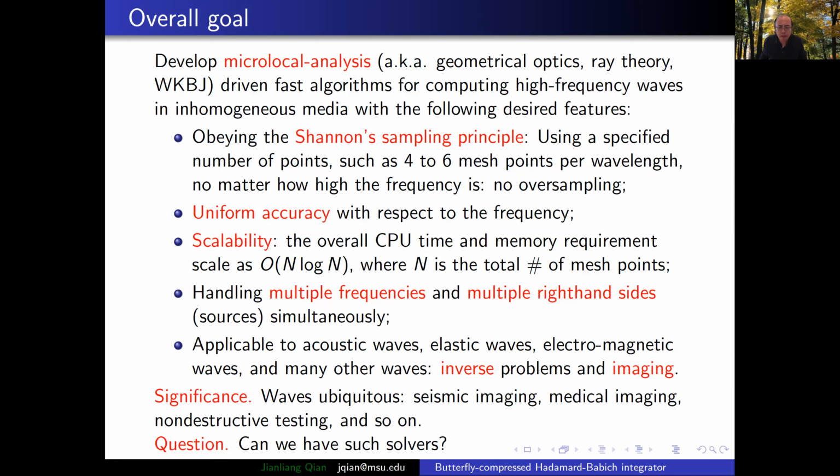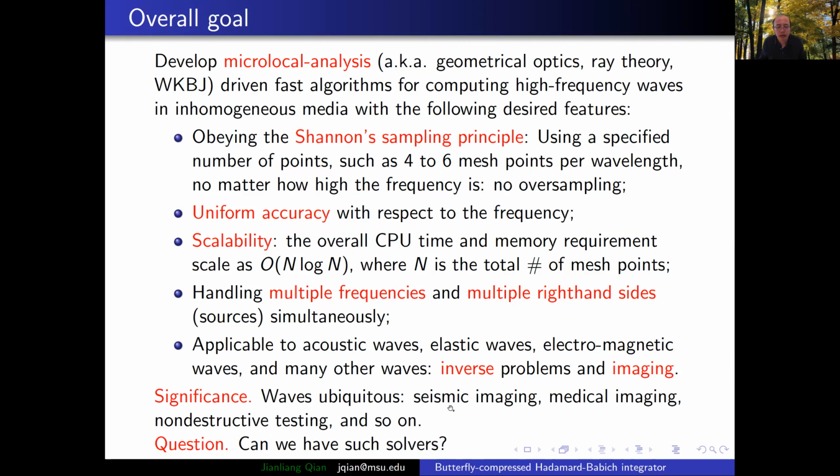That essentially says we specify a fixed number of points, like 4 to 6 mesh points per wavelength, to compute a wave. If we do not provide sufficient sampling of the signals, then we will have aliasing, and this will not be good. However, we also don't want to oversample, because that means we will waste lots of computation cost.